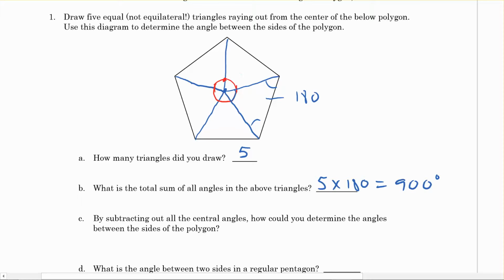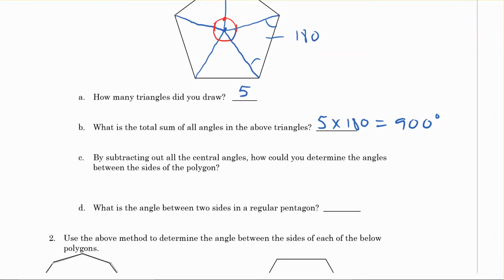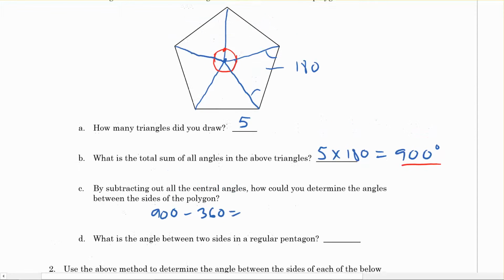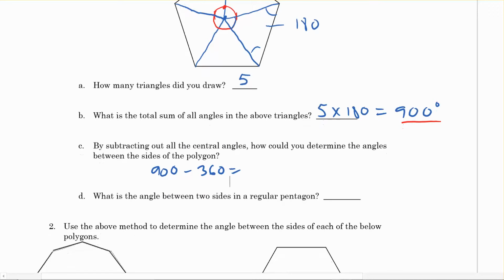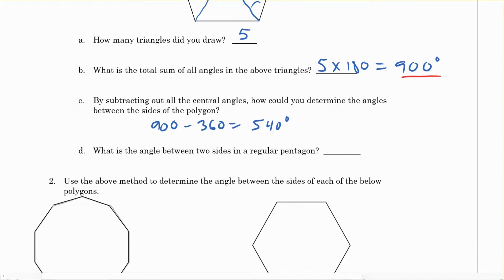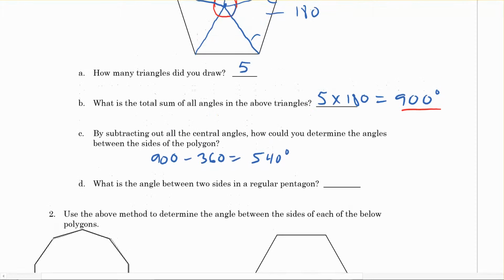So with the 900, if I just start with that 900 and subtract 360, so the center out of that, that's going to leave me just the angles around the outside. So that's 540 degrees.